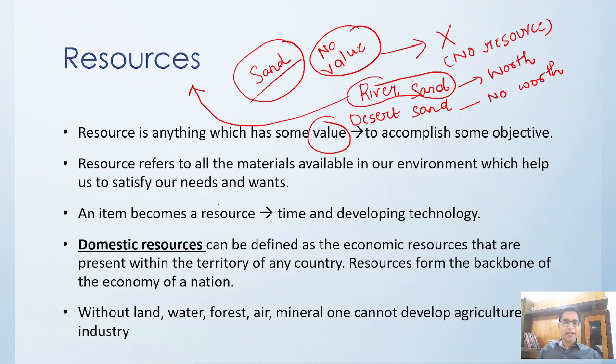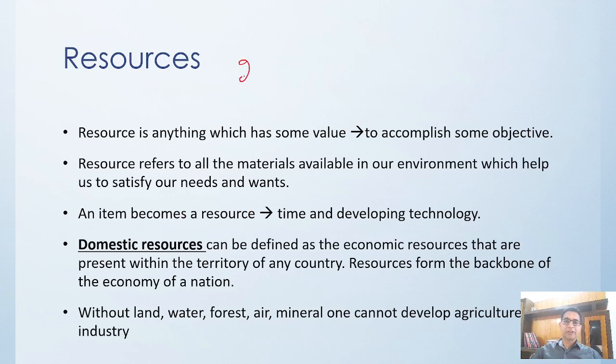And as you all know, an item becomes a resource over time and with the development of technology. Now I will tell you how. 250 million years ago, our forests got submerged because of tsunami or whatever it was. The forests were totally washed away in various catastrophic events.